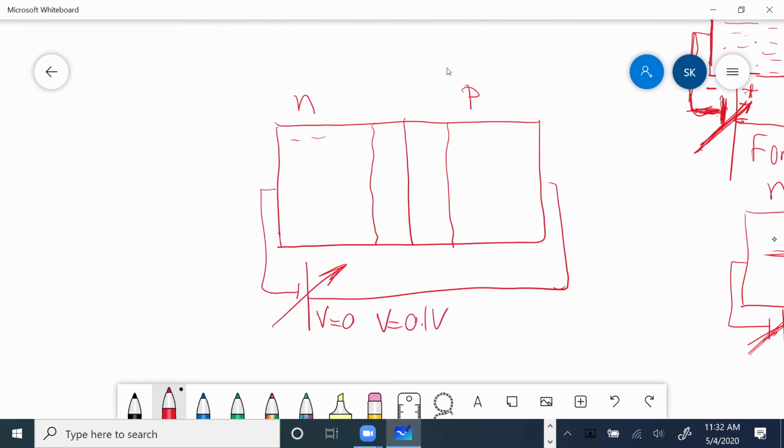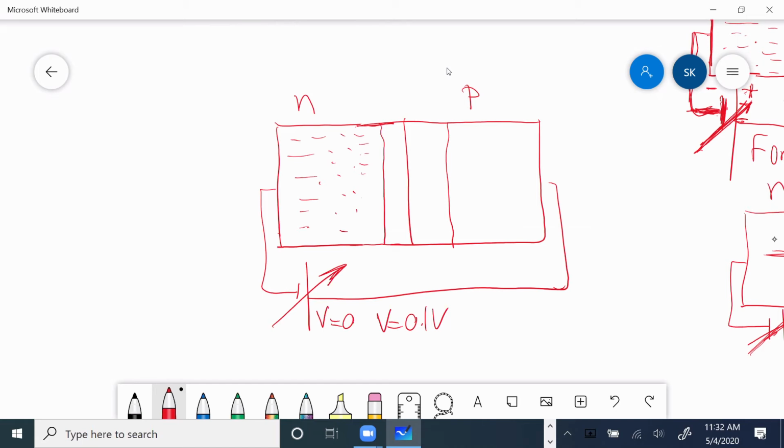These electrons, they were full of electrons there, electrons everywhere. Electrons were repelled, and that is now the new depletion region. The depletion region became narrower because obviously these electrons were repelled. Now, would you say that the depletion region gets narrower?